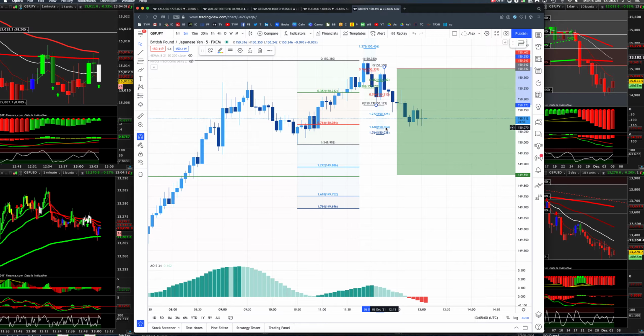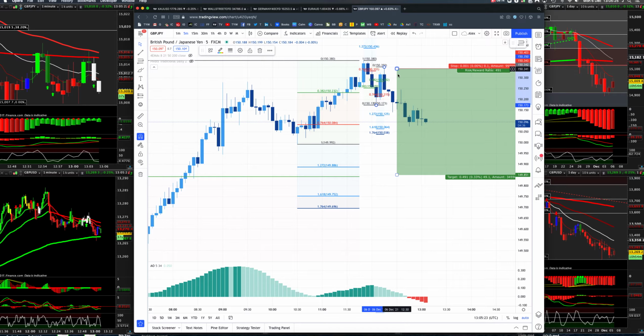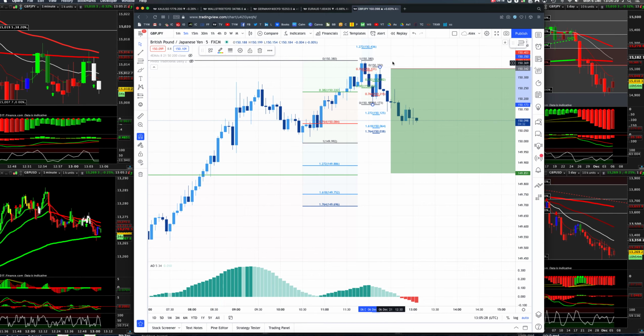So this is what I've just said to all my traders that have taken this trade short on pound yen, that they would look to take some profit. It would be sensible to take some profit down around 150.06 to 08, because this is where I'm finding this nice area of support which is relevant to me. Even if you didn't take some profit, or you just took a little bit off, move stops to break even, or at least move stops to that last pullback where the 764 is.